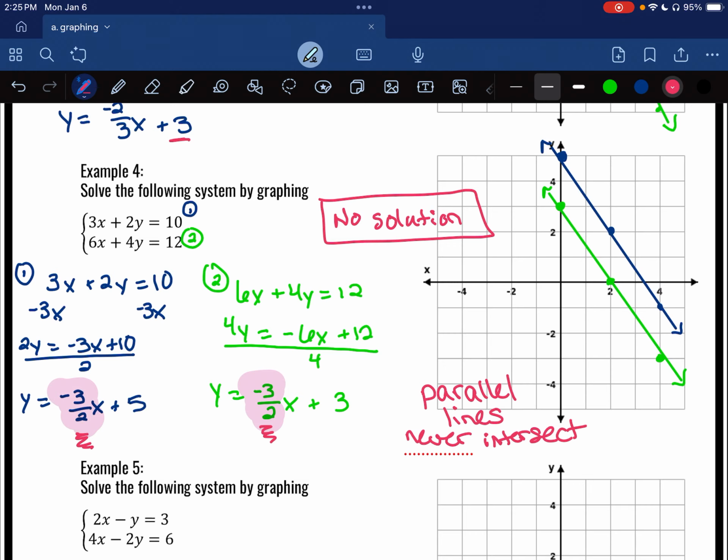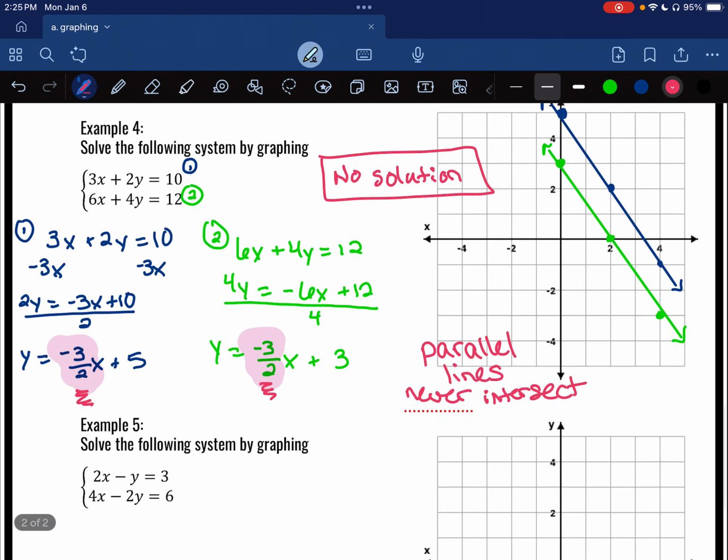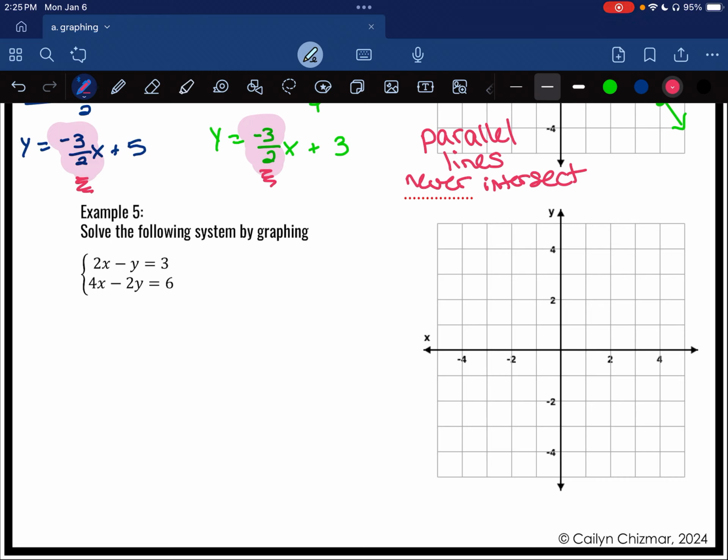But we can have the opposite problem too. So let's see what that looks like here in example 5. Starting off business as usual, gonna rewrite all of these.